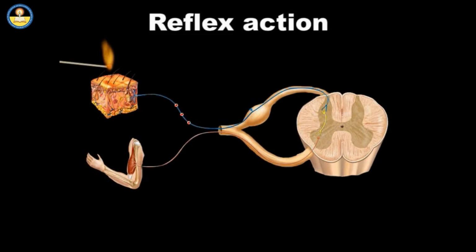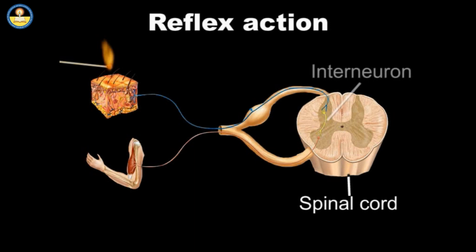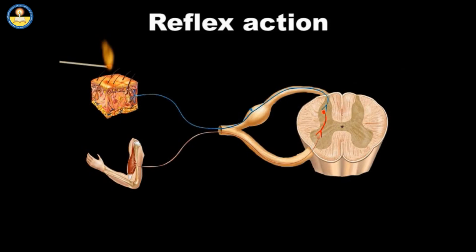When it reaches the spinal cord, the impulse passes to the interneuron lying within the spinal cord. This interneuron connects with a motor neuron. The dendrites of the motor neuron carry the impulse.